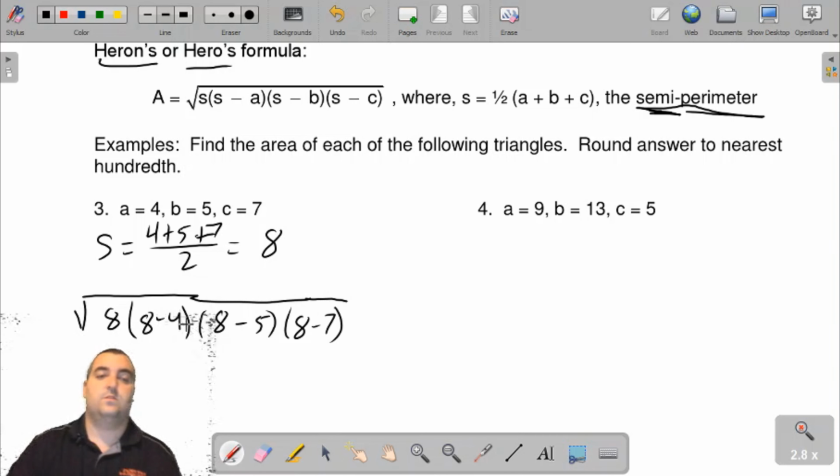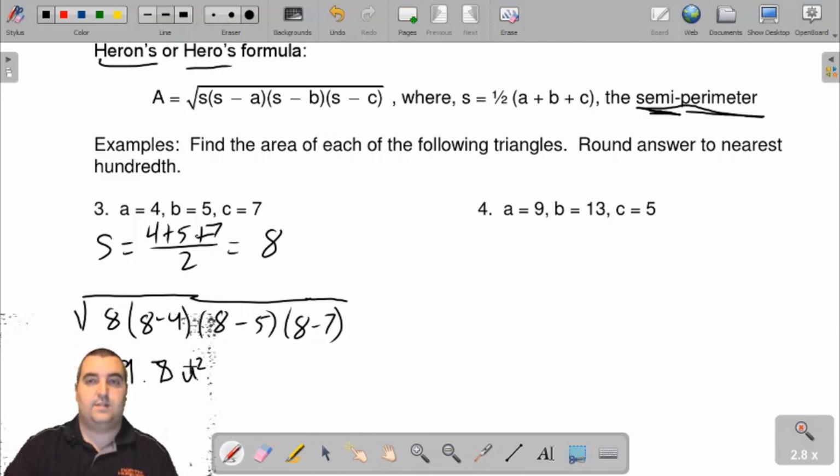Hopefully you can do this in your head, but it's okay to use our calculator, especially for that square root. So 8 times 4 times 3 times 1. This triangle would have an area of 9.7. Oh, I guess 9.8 if I round correctly.